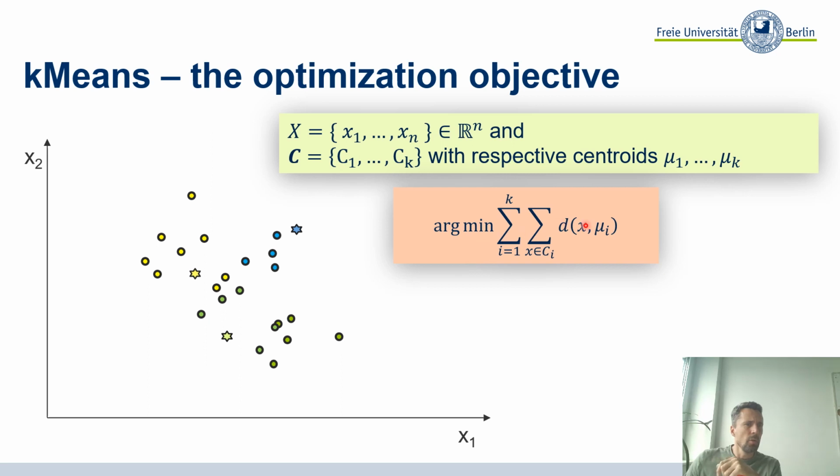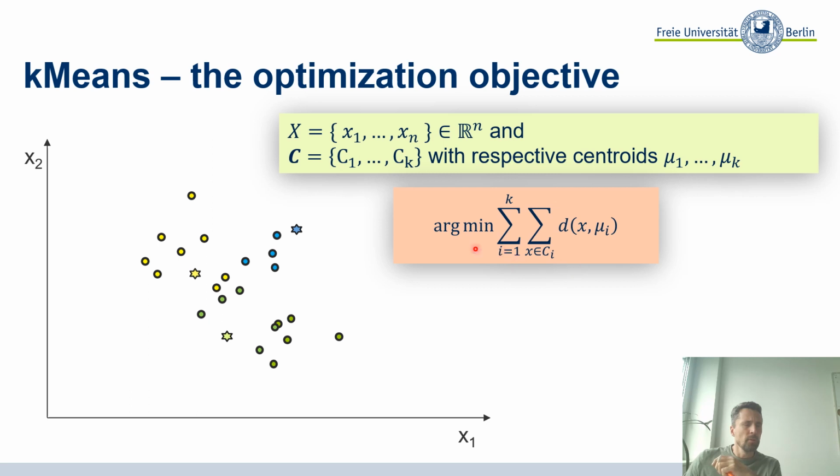And so looking at our objective, we would sum up all these distances to all the green points, plus all the distances from the points here to the blue representative, and all the yellow points add their distances to their yellow centroid to this sum.